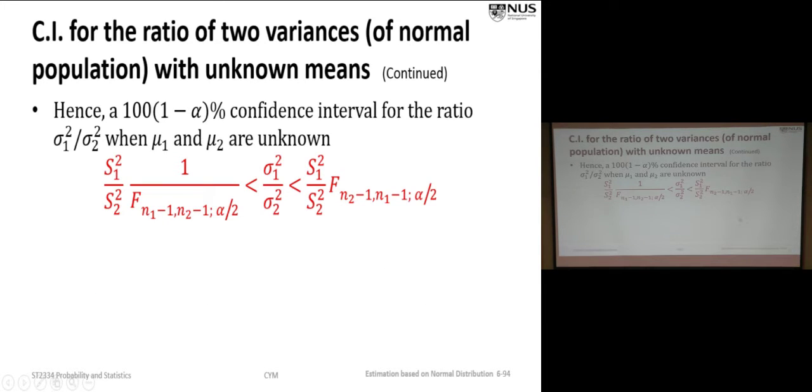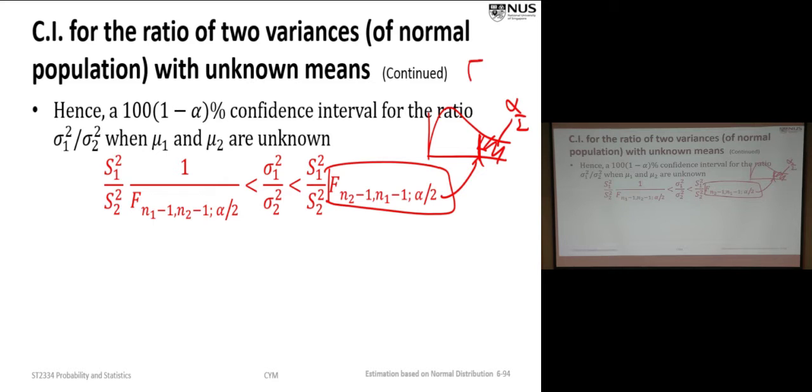So this is the formula. Remember, this is the value for which the probability of being greater than it is alpha over 2 for the F distribution with n1 minus 1 and n2 minus 1 degrees of freedom. I'm sorry, I made a mistake.